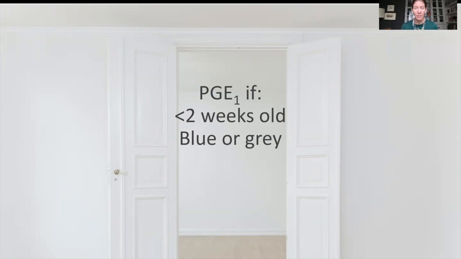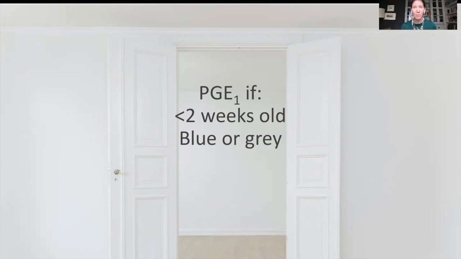A good example of a right-sided obstructive lesion that needs the ductus arteriosus for lung perfusion is pulmonary atresia. So when the duct closes in a baby with pulmonary atresia, they will get cyanotic. A good example of a left-sided obstructive lesion where the ductus arteriosus is required for systemic perfusion is a critical coarctation of the aorta. So when the ductus closes in a baby with coarct, they will present in shock.